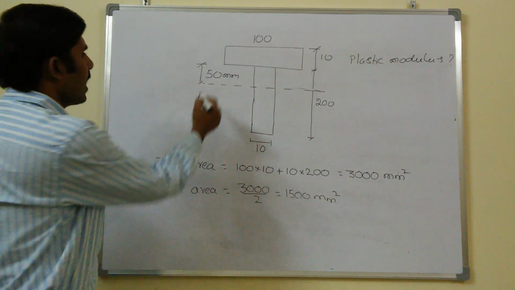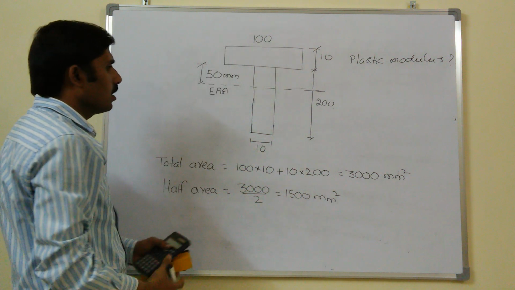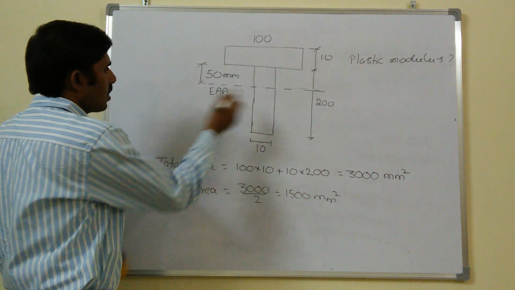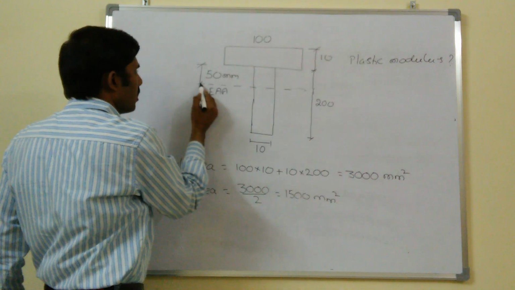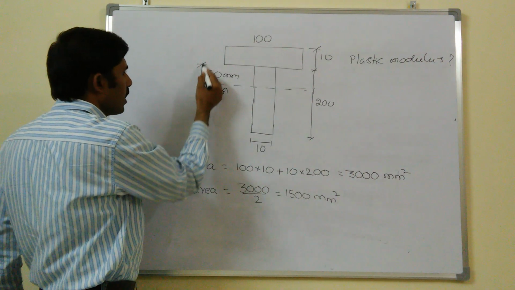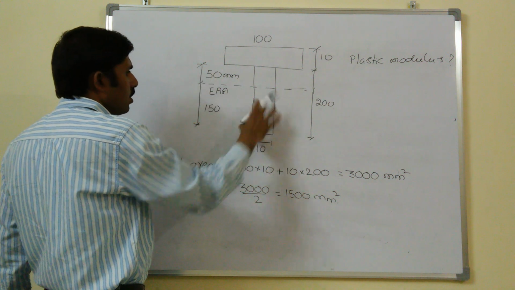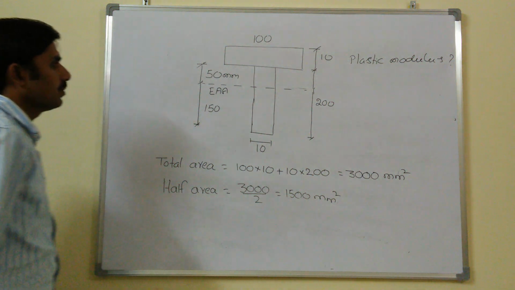So above the equilibrium axis, the area will be 1500. Below the equilibrium axis the area will also be 1500, because the total is 200, and if it is 50 from here to here, then this will be 150. So 150 into 10, 1500, is the area below the equilibrium axis.